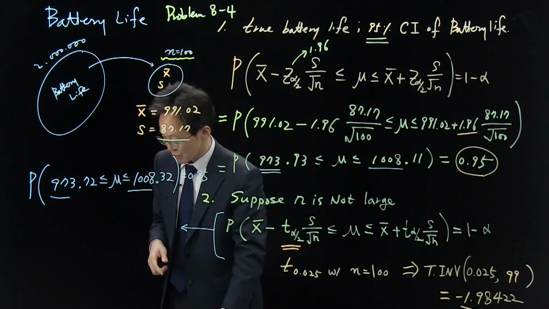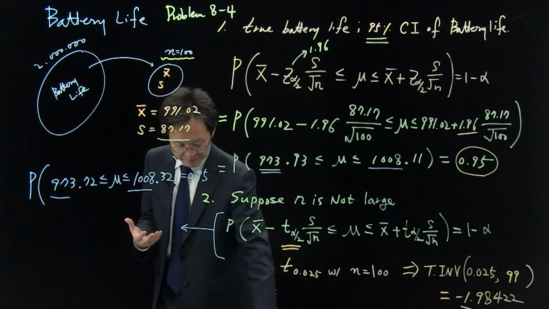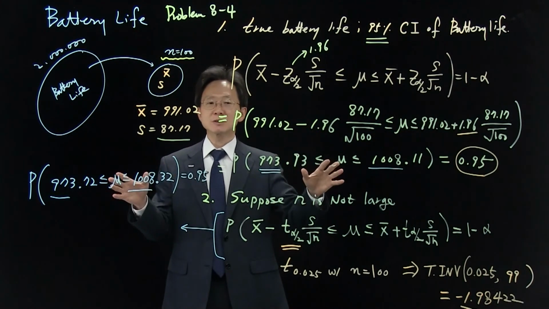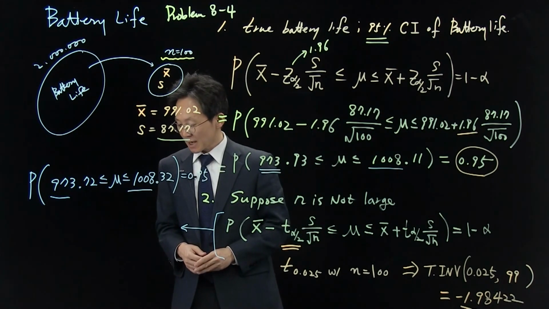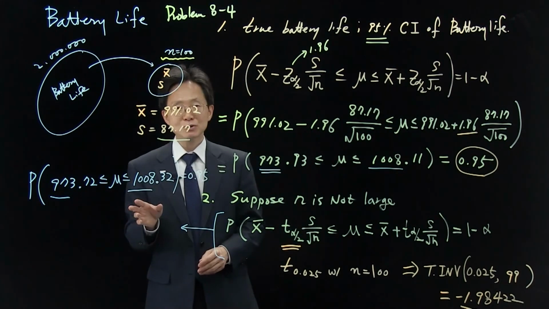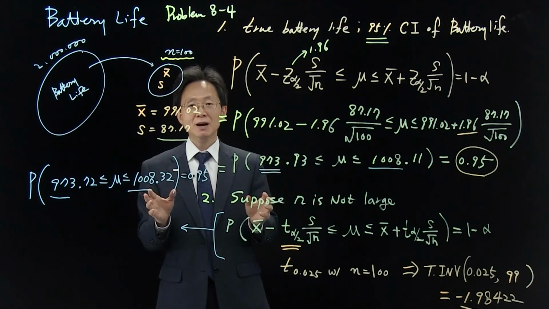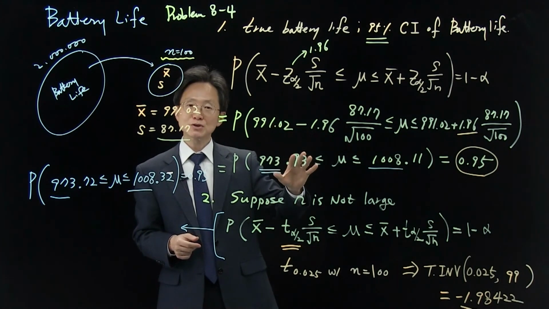So we can see how we can use this Excel StatTools to calculate all these confidence intervals. And I ask my TA to show you how to do this. He will explain how to use the StatTools and to calculate the confidence interval.